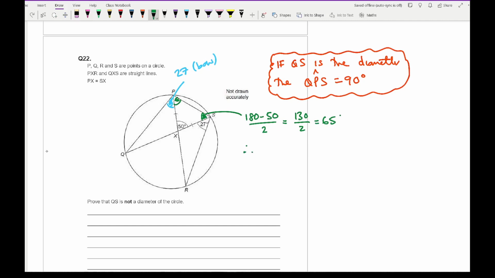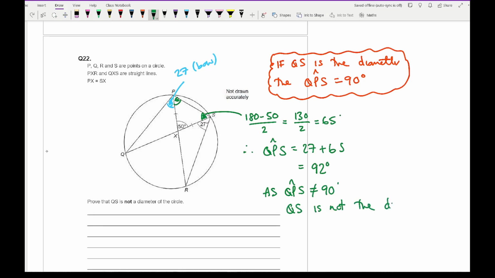So therefore the angle QPS is going to be 27 plus 65, which equals 92 degrees. So as QPS is not equal to 90 degrees, QS is not the diameter of the circle.